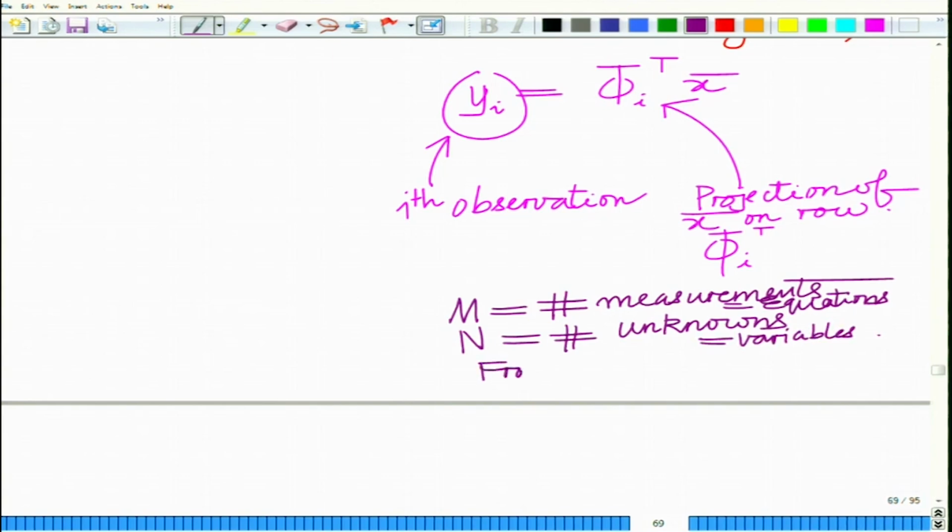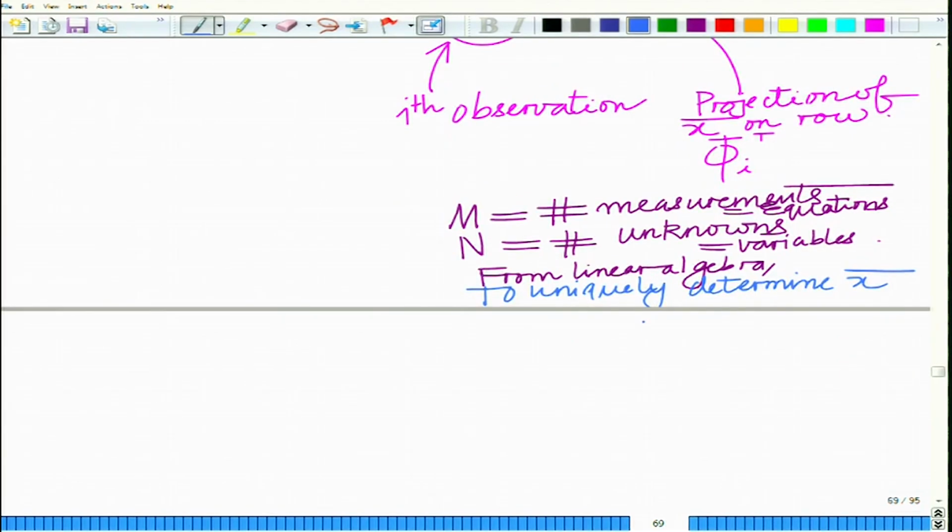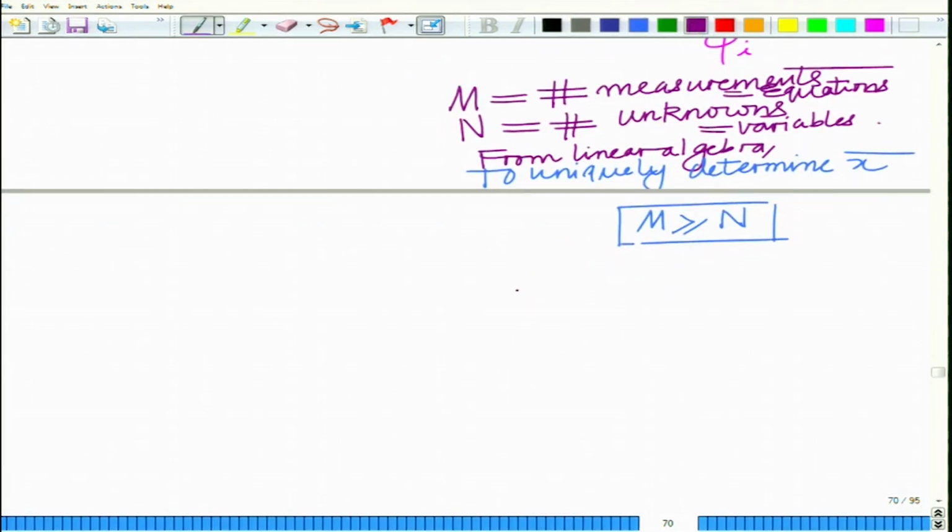From linear algebra we know that to uniquely determine x bar we need m greater than or equal to n. This is what we need. And in the conventional framework, we have m equal to n.